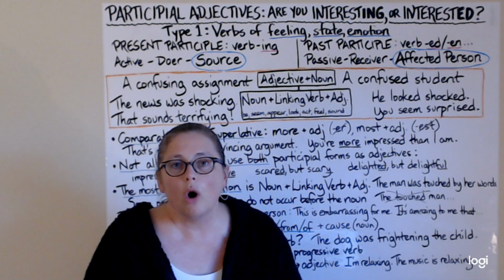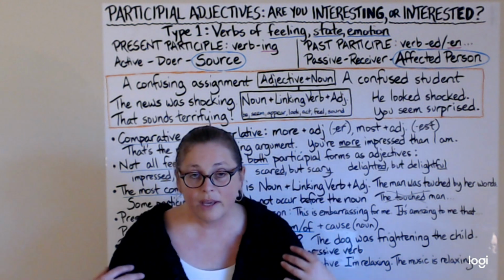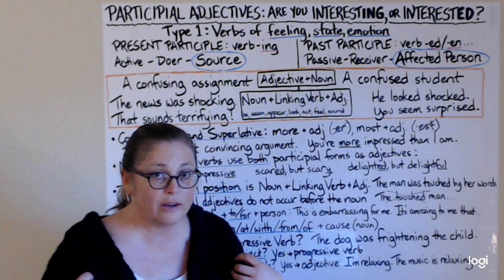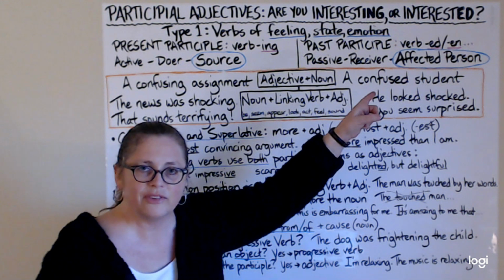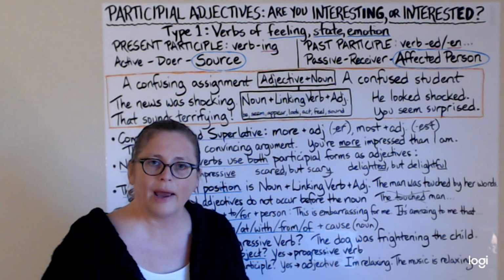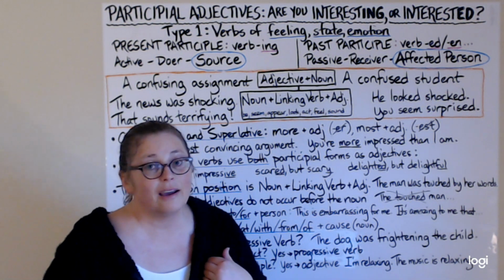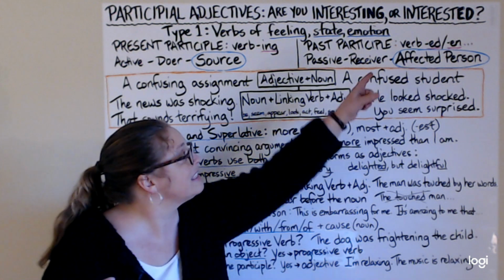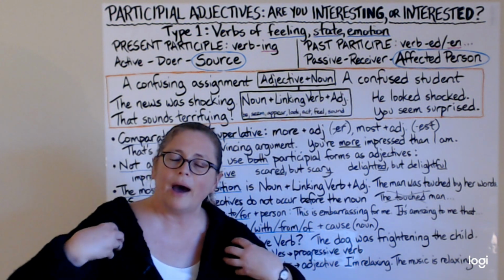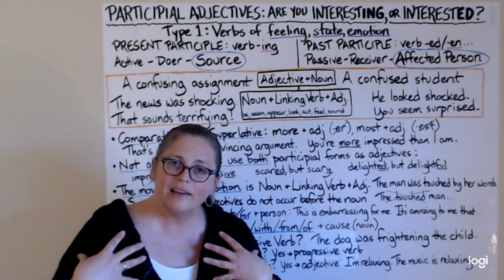So almost always this will be talking about the person who is affected, the person who feels something. And that's really the most important thing to learn in this video, because that's the biggest problem I see in students. If people say, I am interesting, that's not what they want to say. They want to say, I am interested, because they're talking about themselves as being the affected, the feeling person.